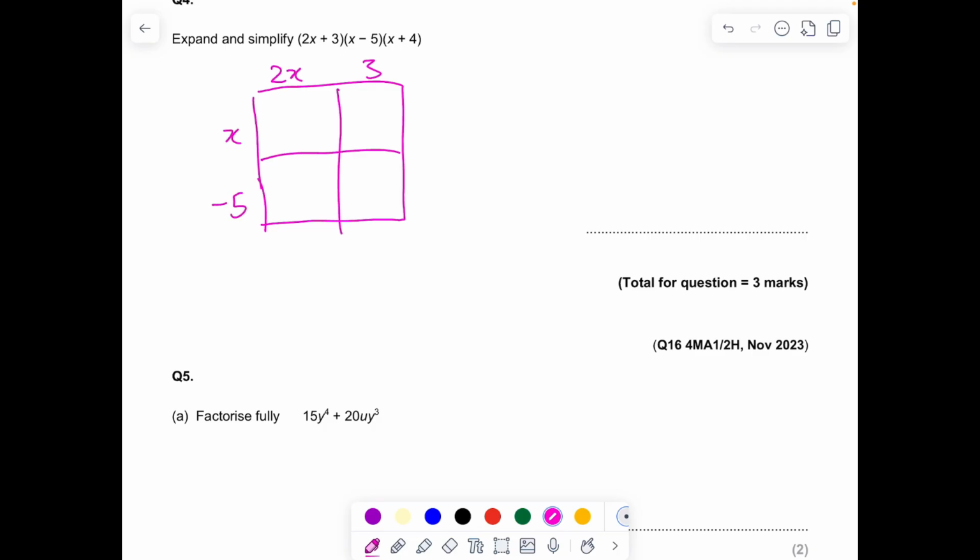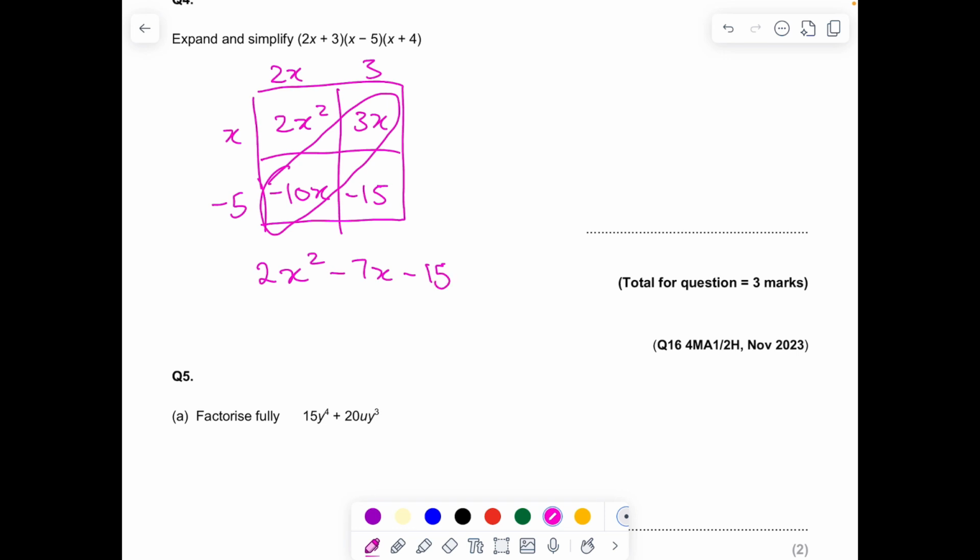Okay, 2x times x is 2x squared, x times 3 is 3x, minus 5 times 2x is minus 10x, and minus 5 times 3 is minus 15. I can gather like terms, so I gather these two together, and that gives me a final answer of 2x squared minus 7x minus 15.